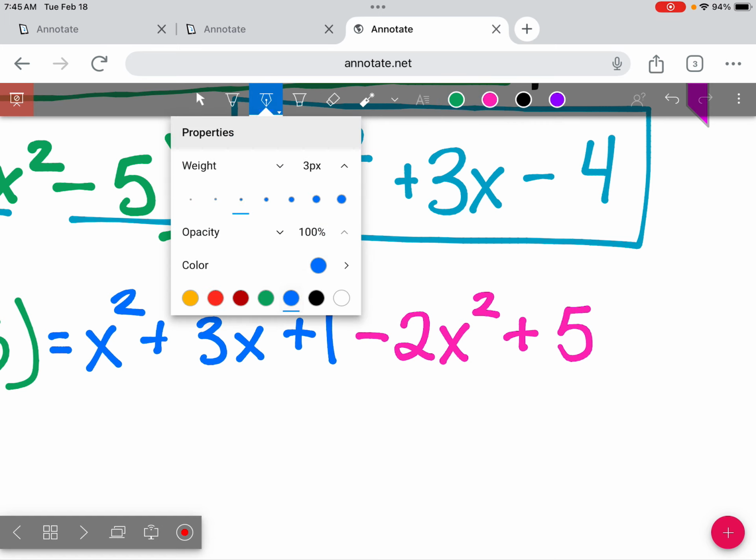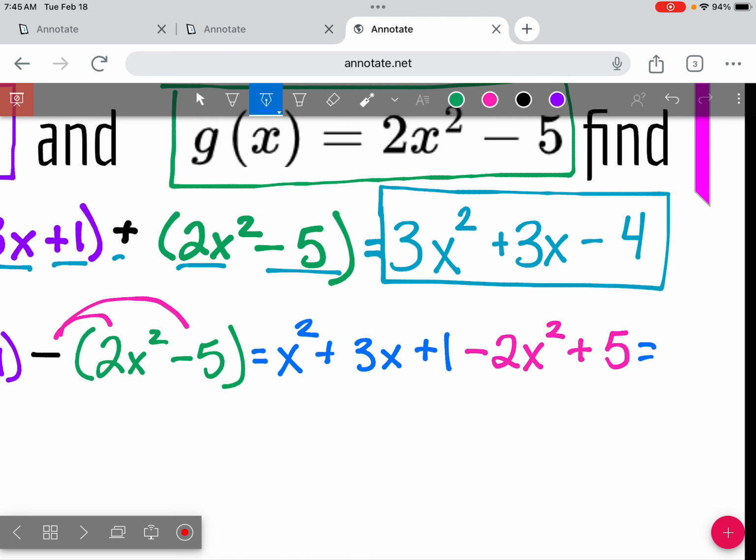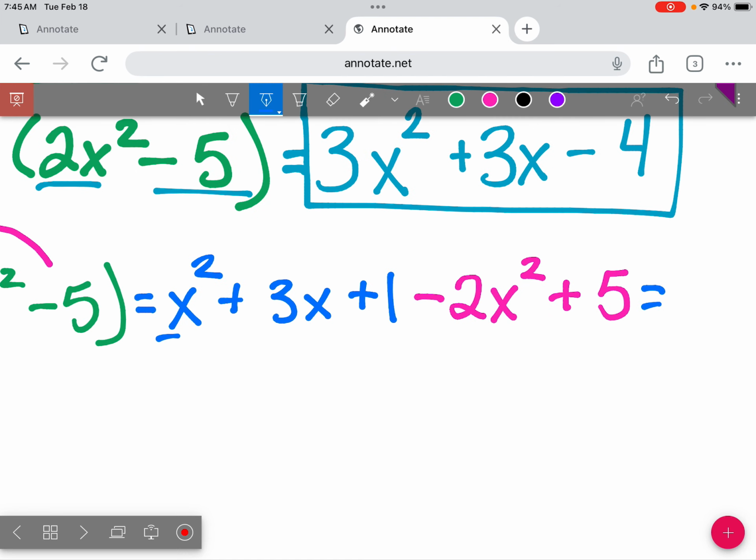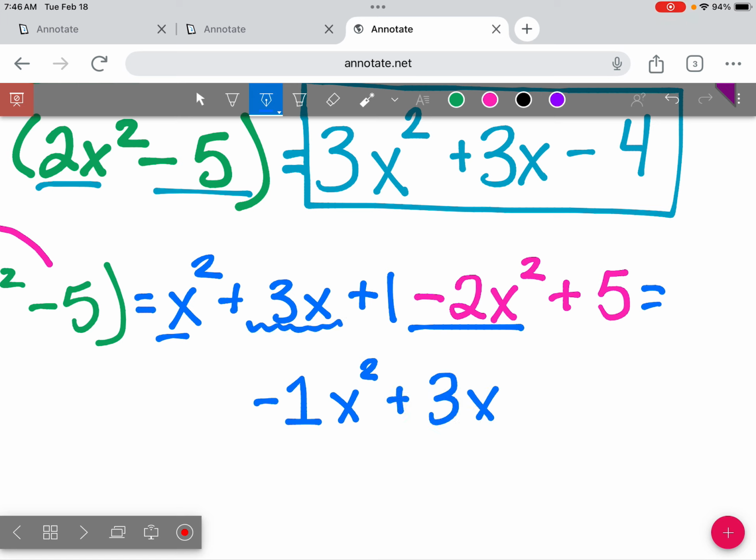And then our last piece is to combine our like terms on this. So I've got my x squared minus 2x squared, which is going to leave us with a minus 1x squared. My 3x doesn't have anybody to combine with, so it's just going to come down, plus 3x. And then we've got a 1 plus 5, which gives us a plus 6.